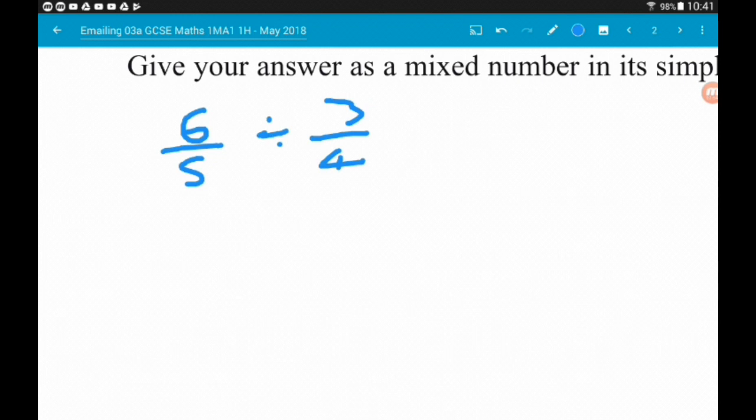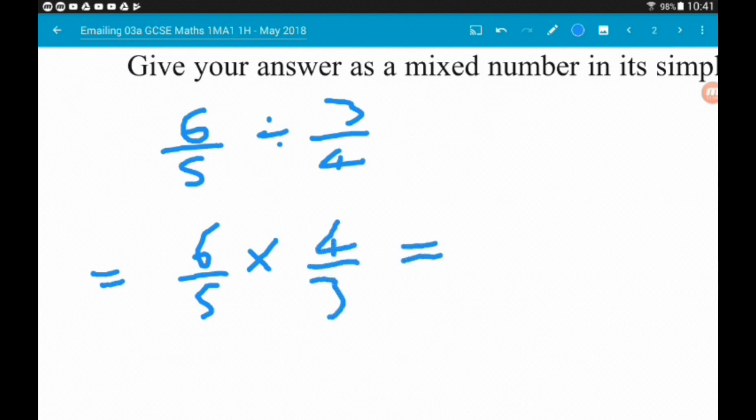Now, to divide by a fraction, you flip it over and multiply by it. So this is 6/5 times 4/3. When we multiply fractions, we do the top times the top over the bottom times the bottom. So 6 times 4 is 24, and 5 times 3 on the bottom is 15.